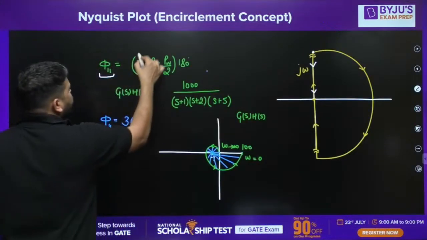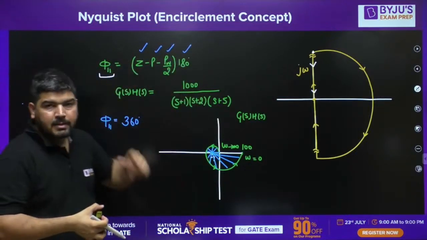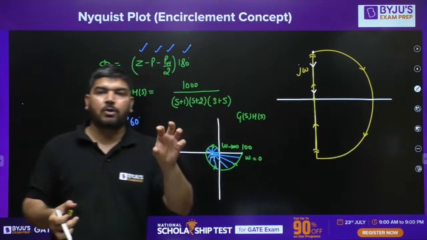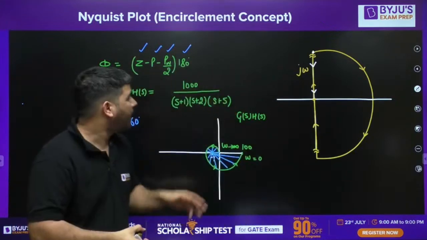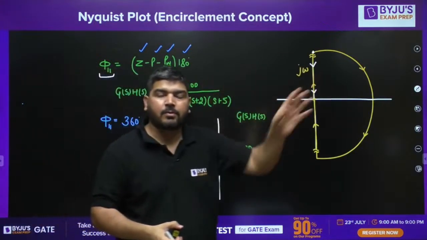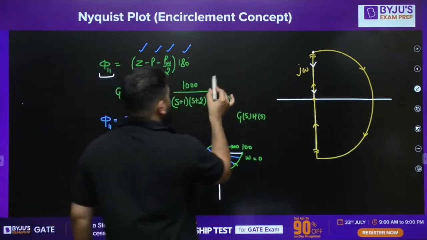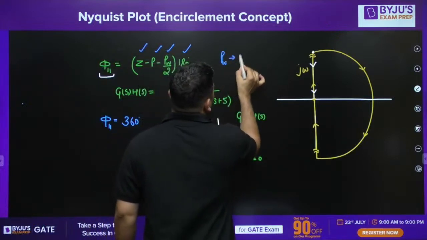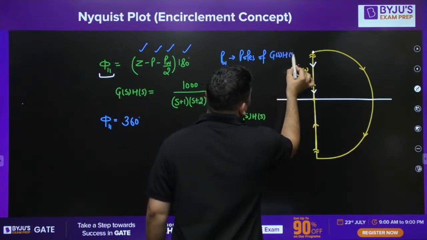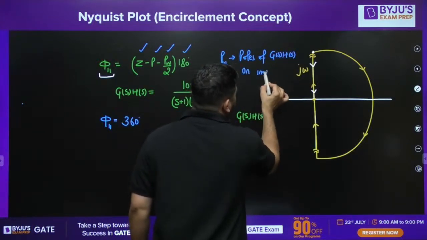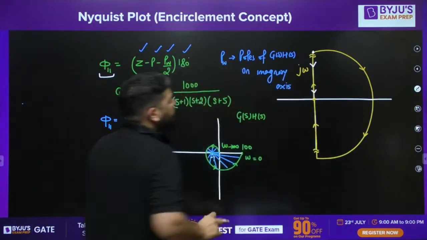And this phi 11 is (Z minus P minus PW) into 180. Z is the number of poles of the closed loop system, that is, the number of zeros of 1 plus GSHS.